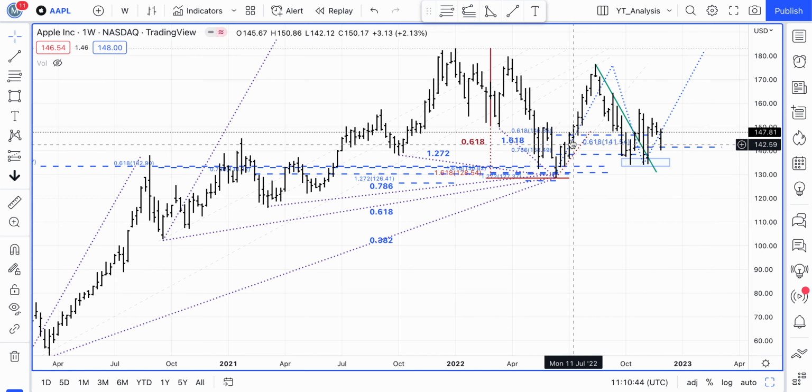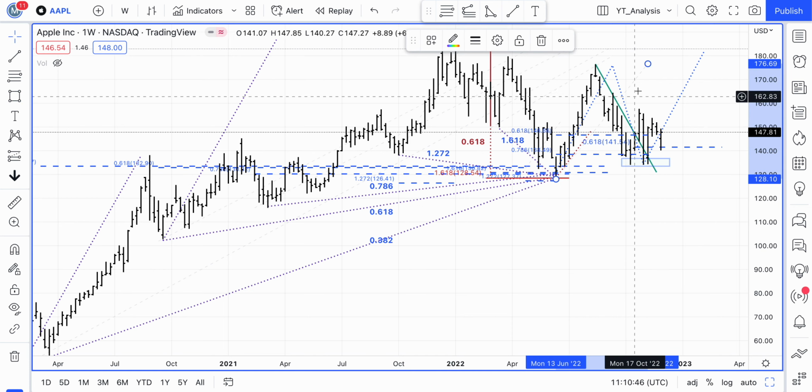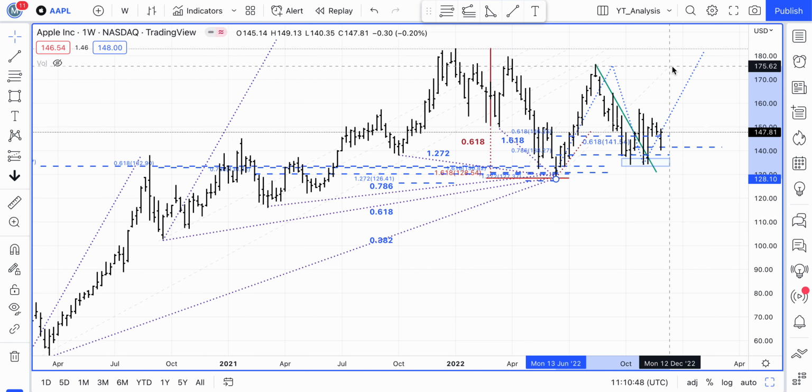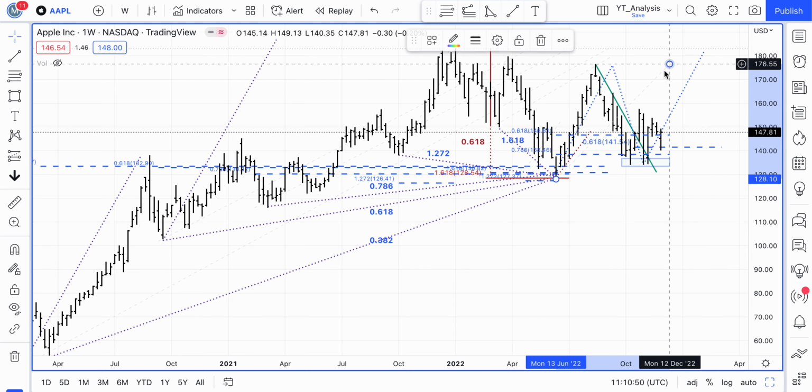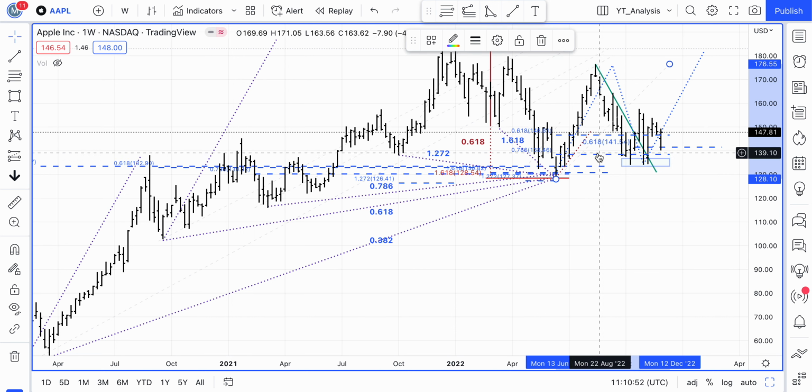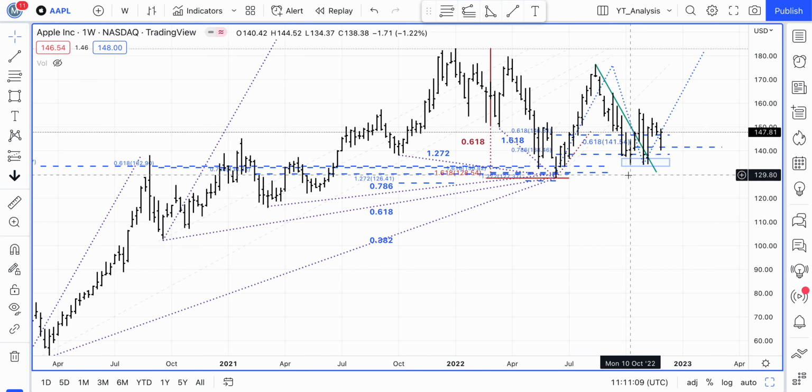This region is also around the 78.6% retracement level from this low of the 13th of June, and price never really closed below it. So this is a very important support region, and it has formed a higher low.